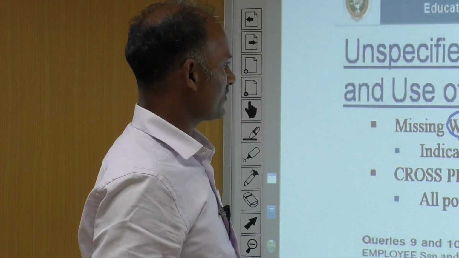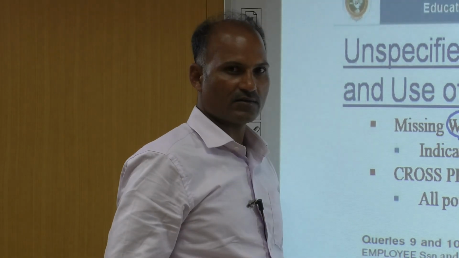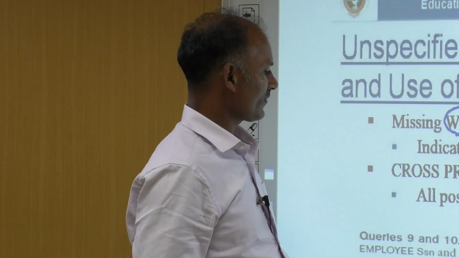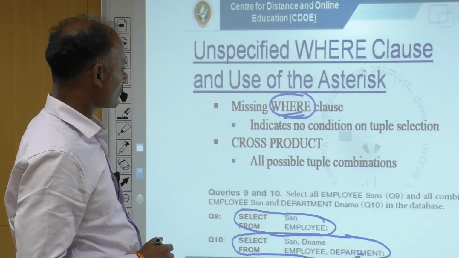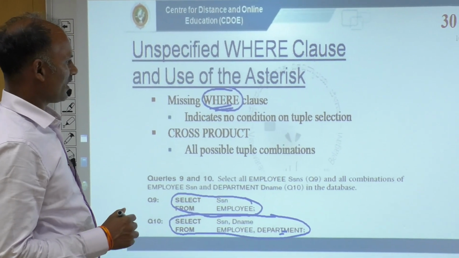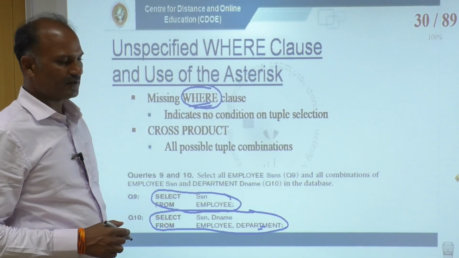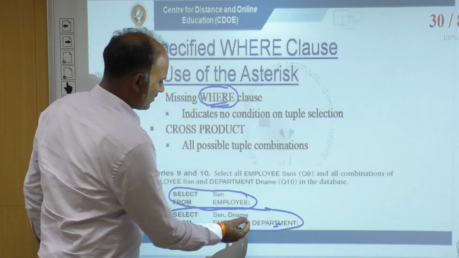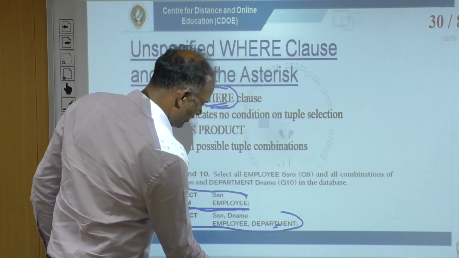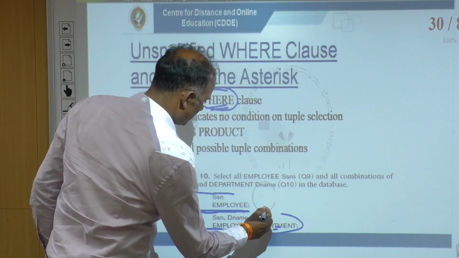So, last class we discussed the variations of the select statement with where clause and without where clause. As I said, if you do not specify the where clause, it is going to display the complete records, all the records from the respective tables.